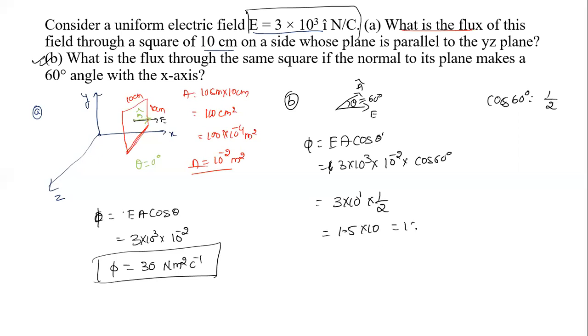It will become 15 Newton meter square per coulomb. That is the flux. Okay, so this is clear how to calculate the flux. So you should always compare the angle with respect to normal. That will be easy for you to determine. Okay, can we move on to the next question now?